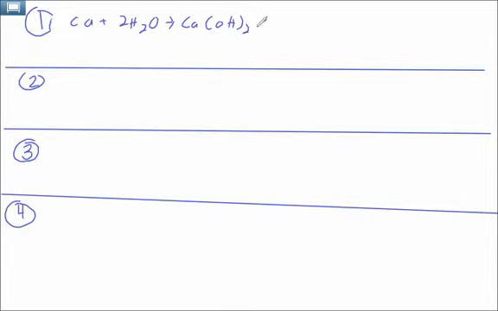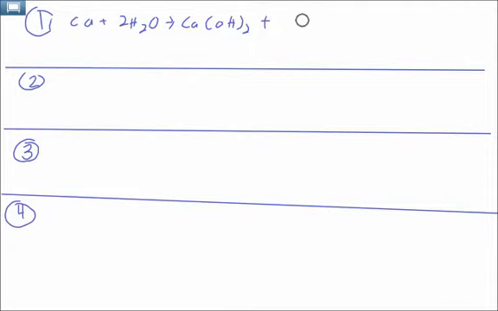Once you get your coefficients, if they can all be reduced by a certain number, like you can divide everything by 2, do that. Make them all the smallest numbers. Is it H or hydrogen gas at the end? Hydrogen gas, it's diatomic, right? So it needs to be H2, which means you probably don't need the 2 in front of it. It's one of those 7 diatomic ones.